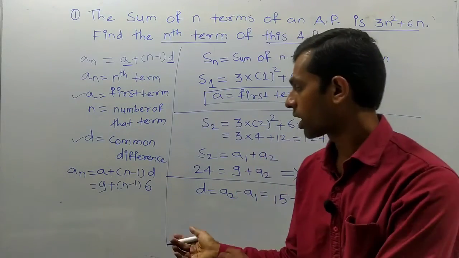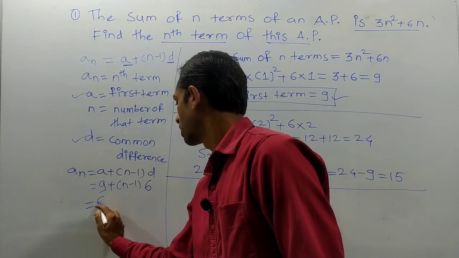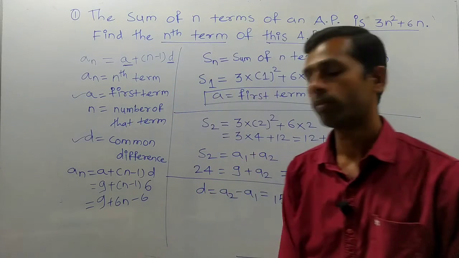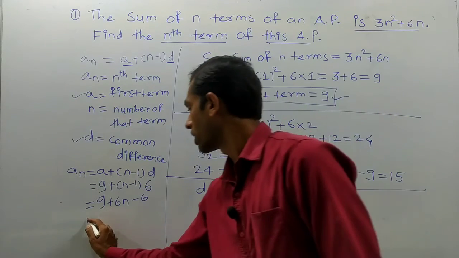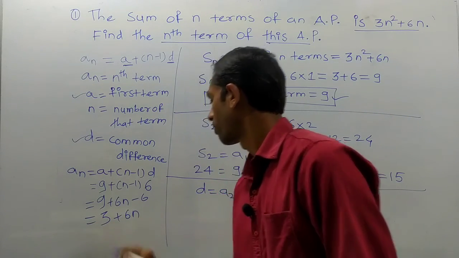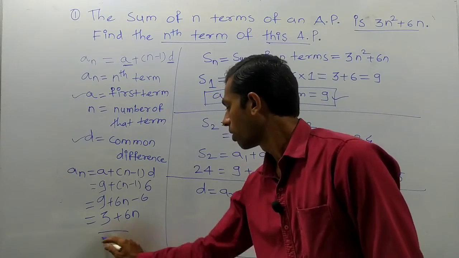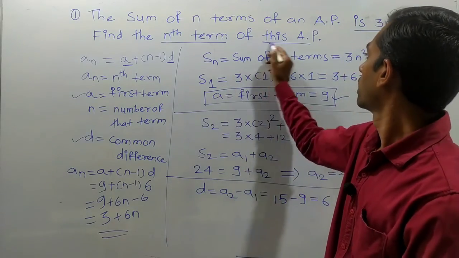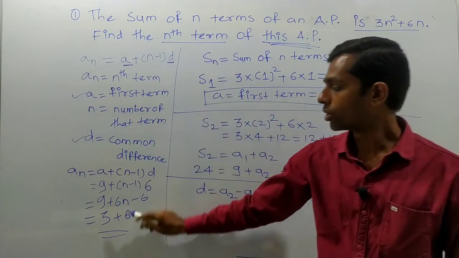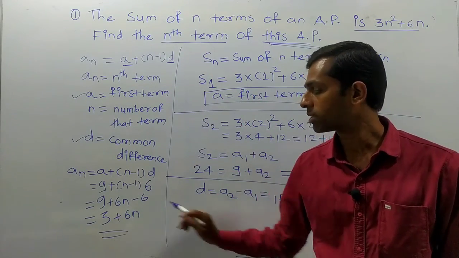Now further I will solve it. 9 plus 6n minus 6. 9 minus 6 will give you 3, plus 6n. So this is your formula in the form of n. Find the nth term: your nth term will be 3 plus 6n.